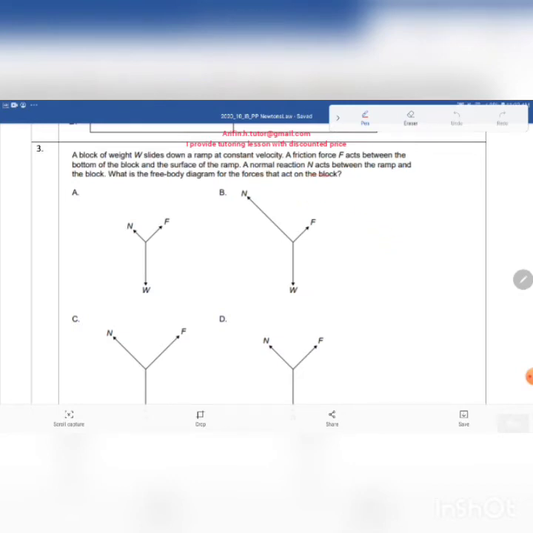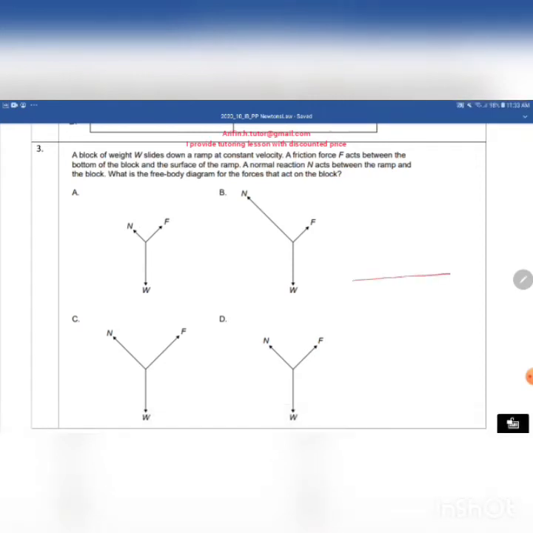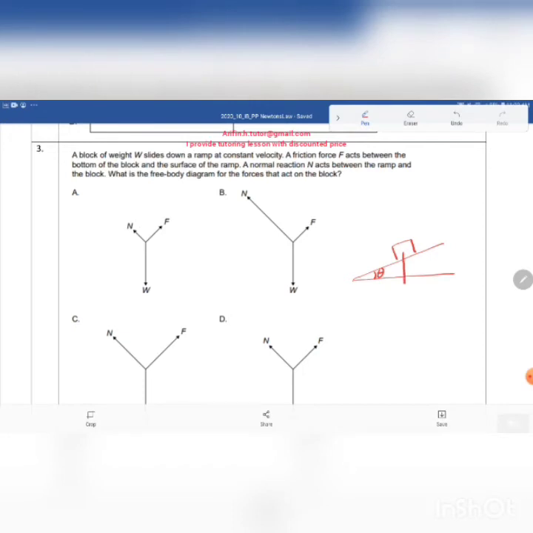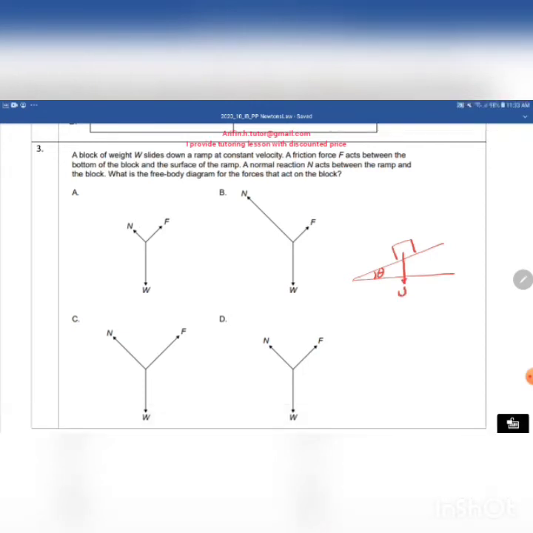And then normal reaction N acts between the ramp and the block. So actually the ramp should be like that. There is the theta, and then this is the block. Of course, there is the W here, and then there is the normal there.